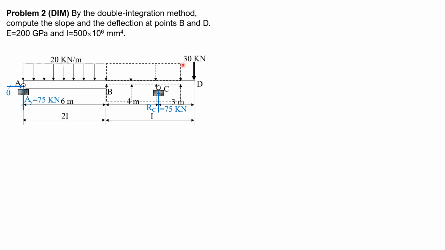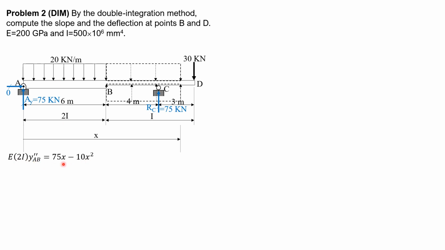Therefore, we have to set up the equation for portion AB first. Then for BCD, we have to extend this load to have a continuous moment equation, or a singularity moment equation, for portion BCD. For AB, this is the section. So we call the distance from the origin A to that section x. E times 2I, because the moment of inertia is 2I, times y double prime AB equals 75 times x minus 20 times x over 2, or 10x squared.